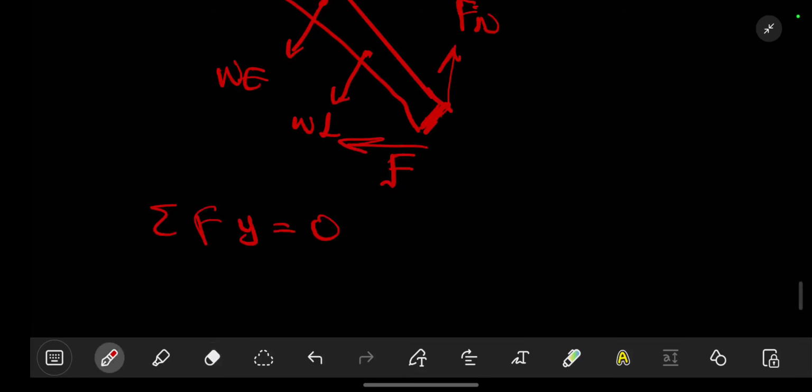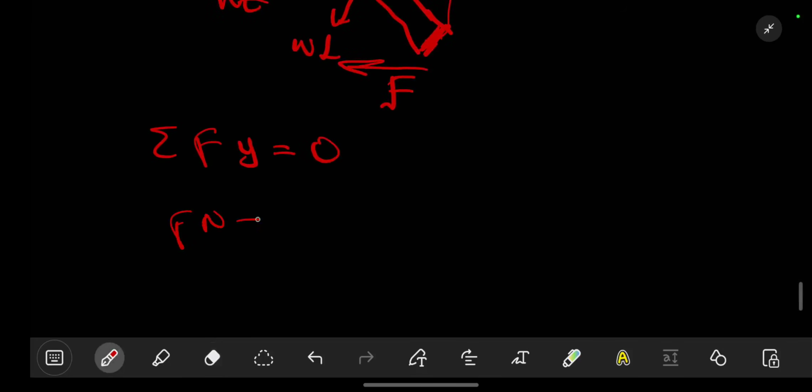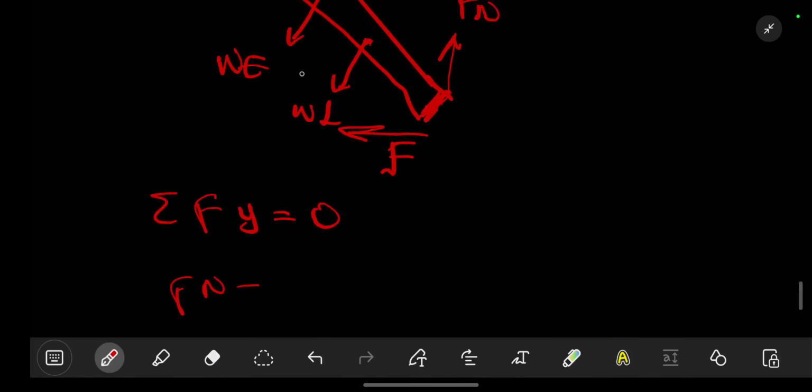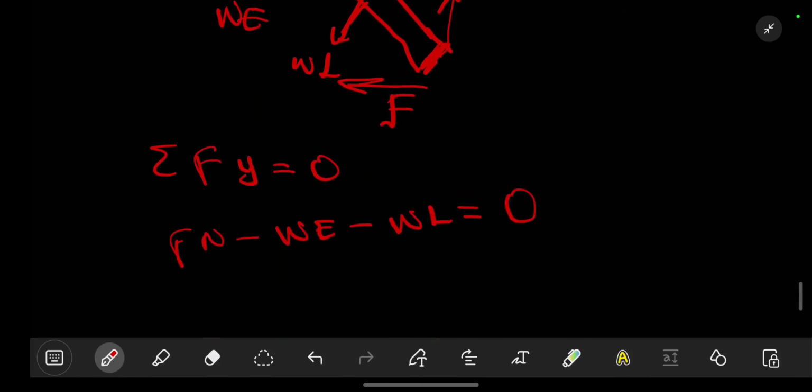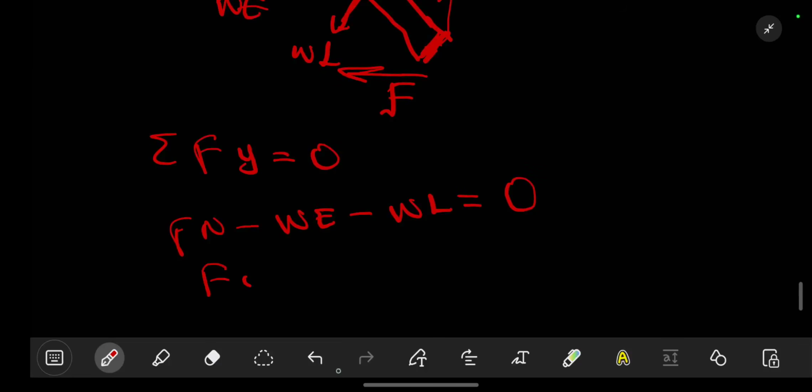So we say the normal force minus our downward forces, the weight of the electrician and the weight of the ladder. Both of these are acting in opposite directions to the normal force, so you have to subtract them. It should be equal to 0 like that. So the normal force will be equal to the weight of the electrician plus the weight of the ladder, if all these go to the other side.